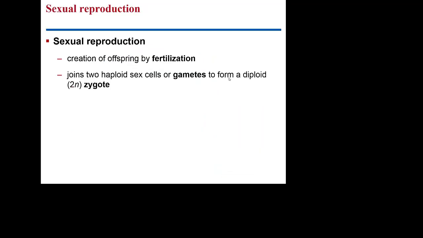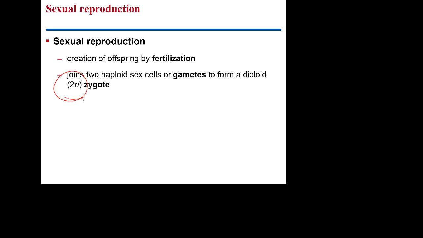Sexual reproduction, on the other hand, requires fertilization of an egg by a sperm or of an egg-like mechanism fertilized by a sperm or spore-like mechanism. So in the process of producing a gamete, or in this case, choosing two gametes that will form a diploid zygote, 2N.